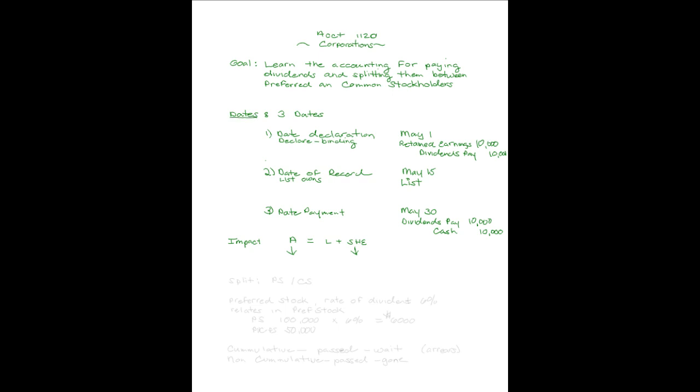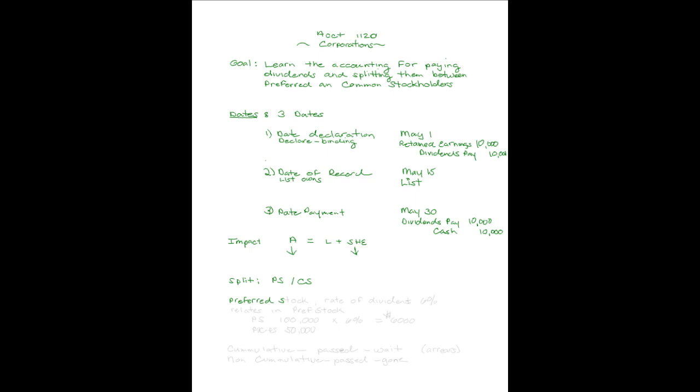Now we need to learn how to split the dividends between common and preferred, because preferred stock is going to get some and common stock is going to get some. But in order to do that, we need to learn a little bit more about preferred stock.